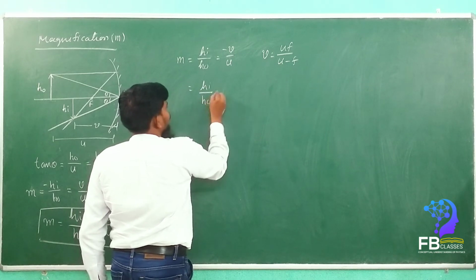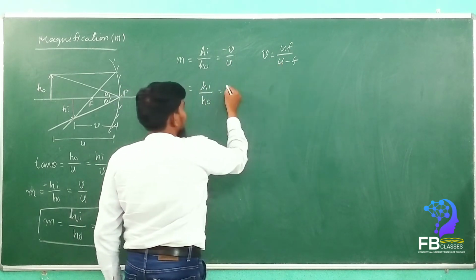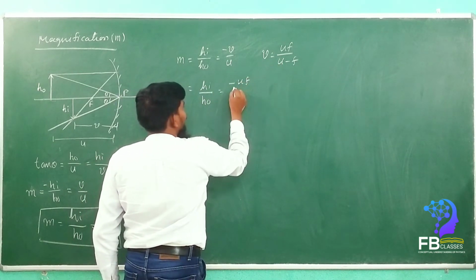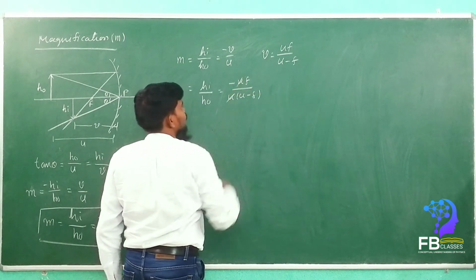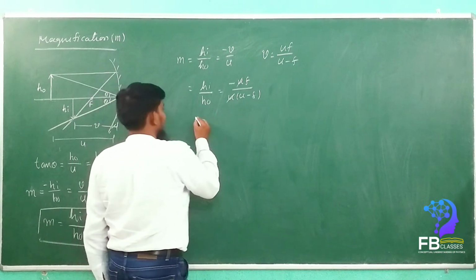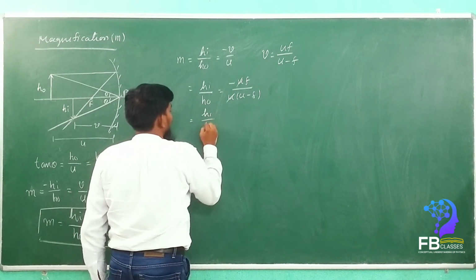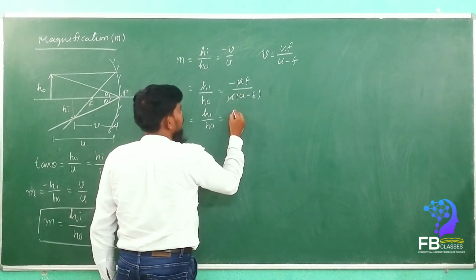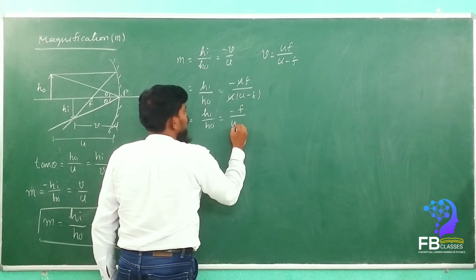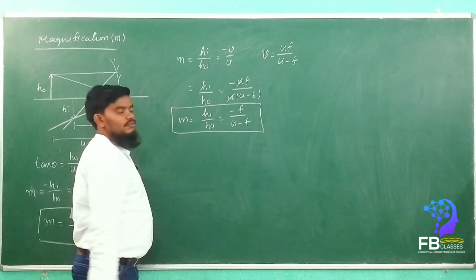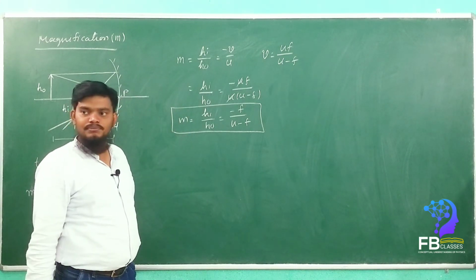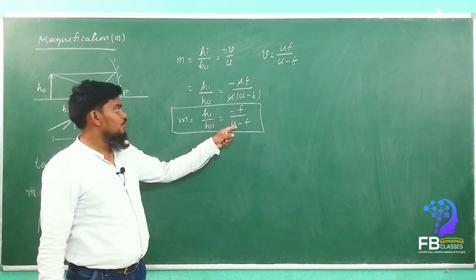Hi by Ho is equal to minus UF upon U into (U minus F). So U will get cancelled. It will come as Hi by Ho is equal to minus F upon U minus F. This we can also write. Yes or no? Are you getting my point? So it is in terms of U.